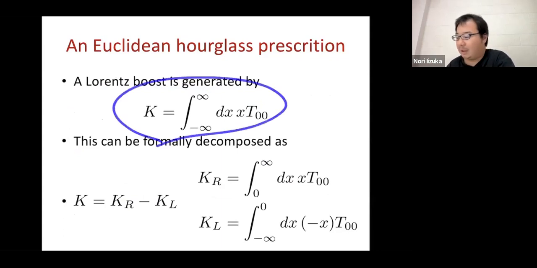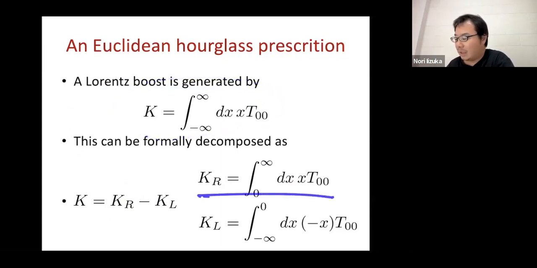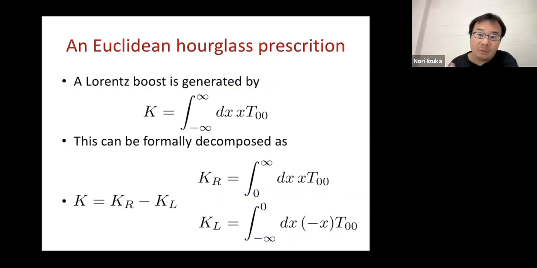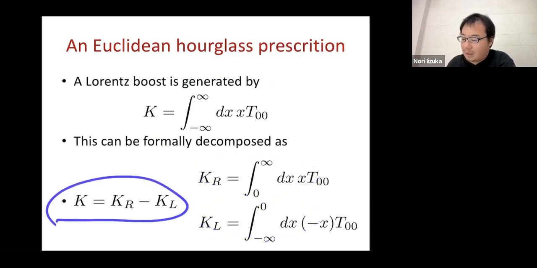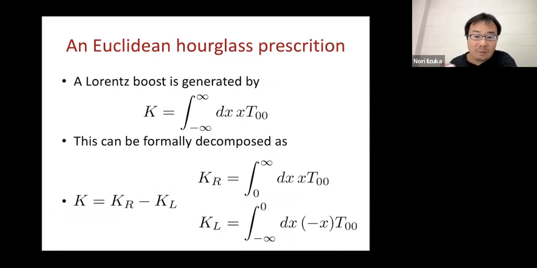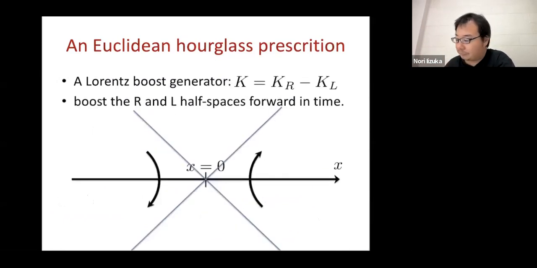This can formally be decomposed into right and left contributions. The reason why I say formally is because we know that we cannot decompose left and right. But suppose we split between right and left, so K is written as K_R minus K_L.